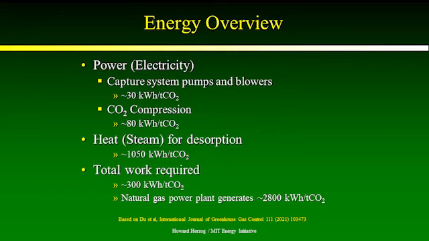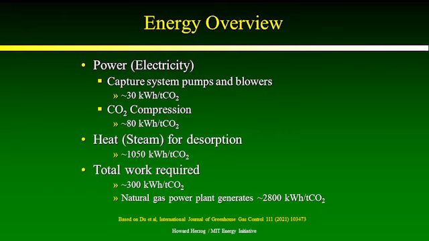And then the biggest number is the heat in the chemical process. This breaks chemical bonds. It also provides ways of raising temperatures and changing pressures, sometimes even vacuum pumping, to regenerate the solvent and get a pure CO2 stream. Just one click.